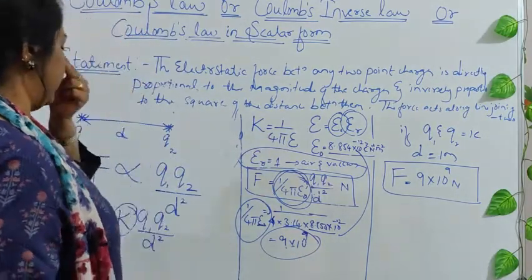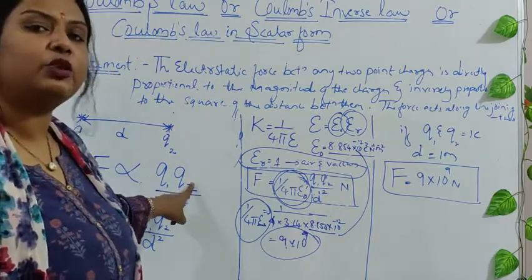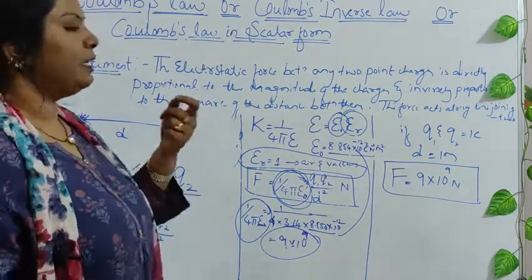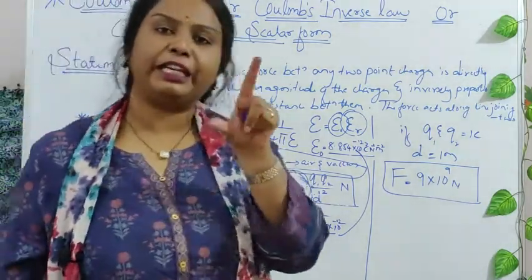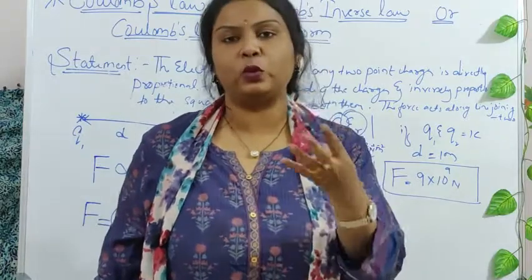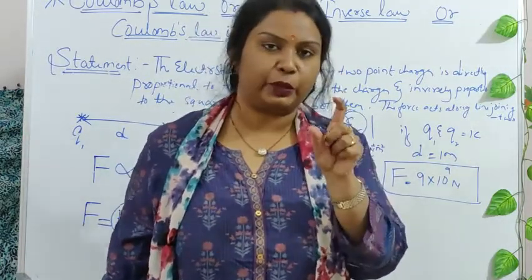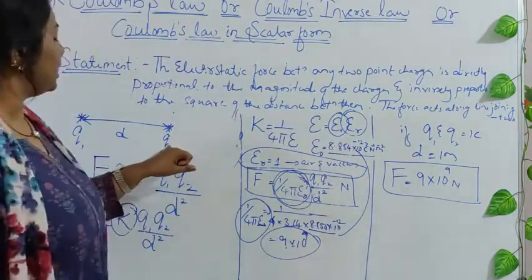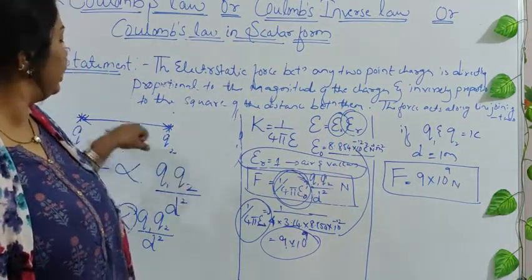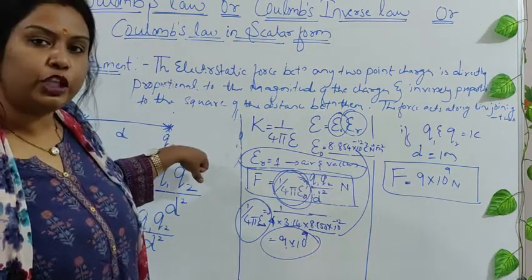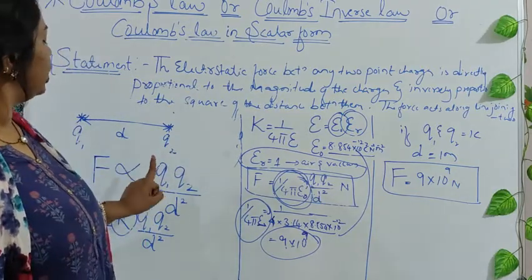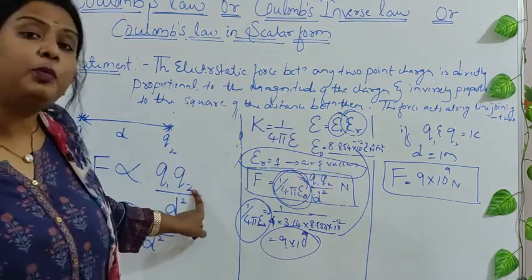Now say, for example, you have two charges. Whenever I say charge, there is always a magnitude to it, say 2 coulomb, 3 coulomb, 4 coulomb. So when I say there are two charges, there should definitely be some magnitude for Q1 and some magnitude for Q2. Say, for example, Q1 and Q2 are unit positive charges.